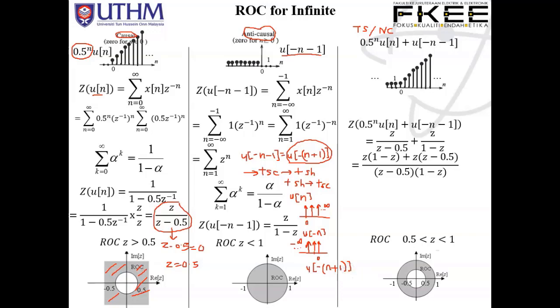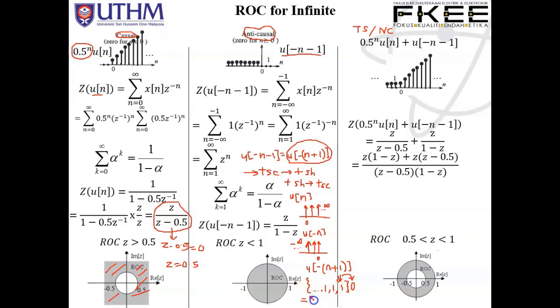So for u[-n+1], for example here, the list will be from negative infinity. I have the value of 1 until n equals 0. For n plus 1, actually the marker here will be moved to the positive side, so the value at n equals 0 will be 0.